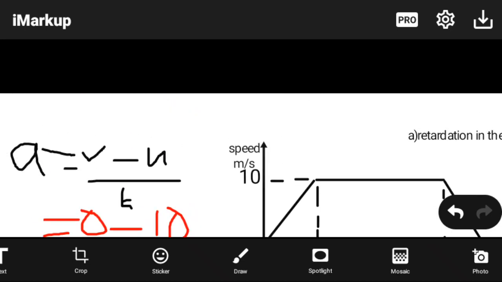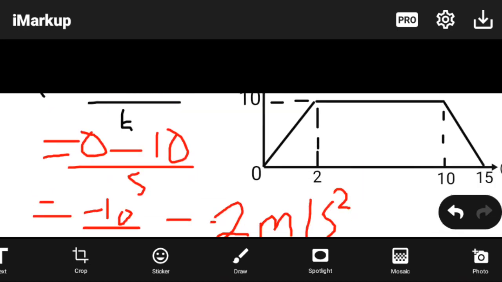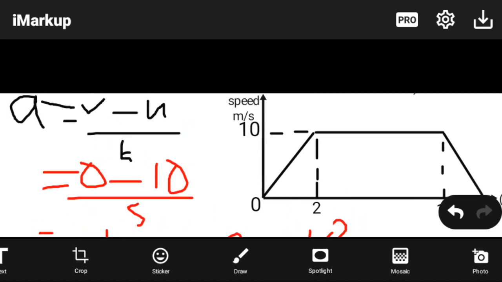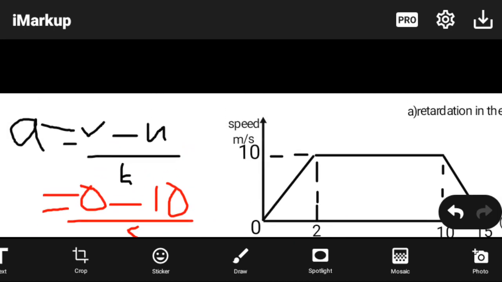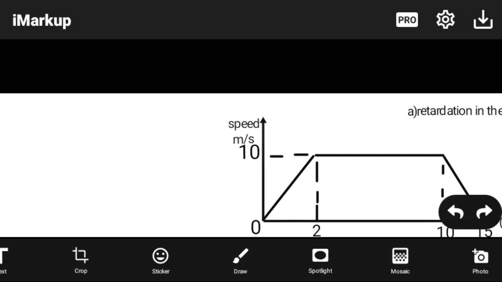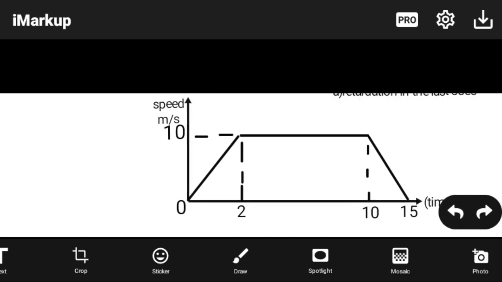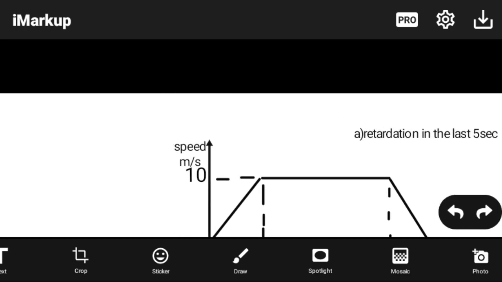Okay, so that is the answer for the first question. Then we can now move on to the next question. Let me just remove this. The next question is saying what?